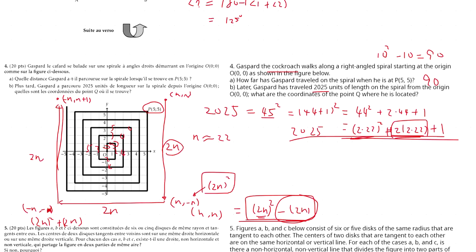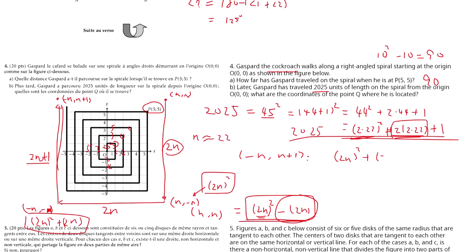So the intermediate distance is 2n plus 1. And then we add the 2n plus 1 to this number. So we get to reach minus n plus 1 to reach this point. The distance is 2n squared plus 2n, so that is from here.